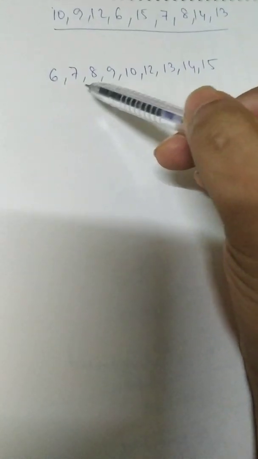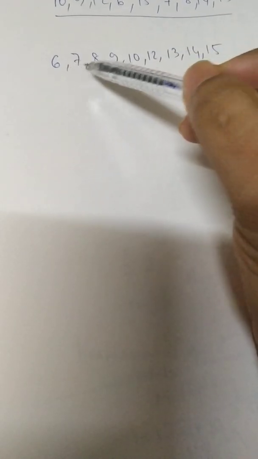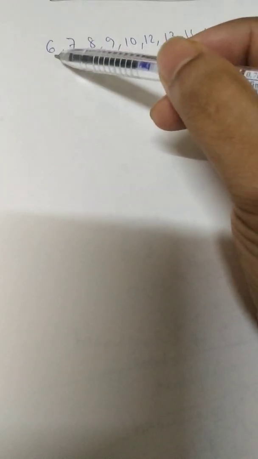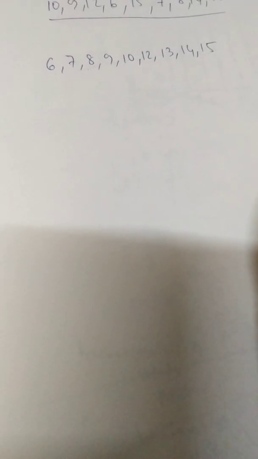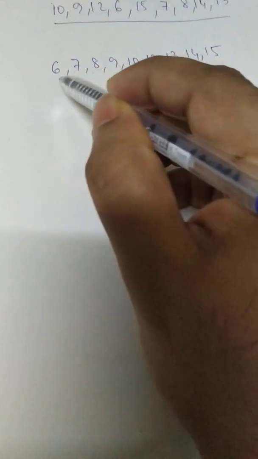After we arrange in ascending order, if the number of data is odd, we separate this into equal parts.